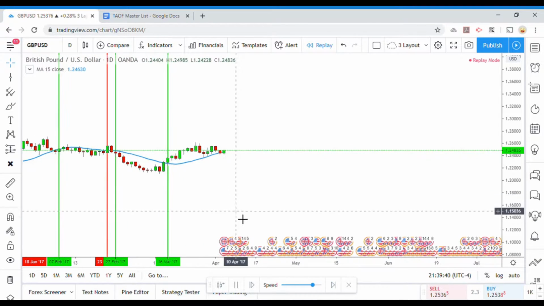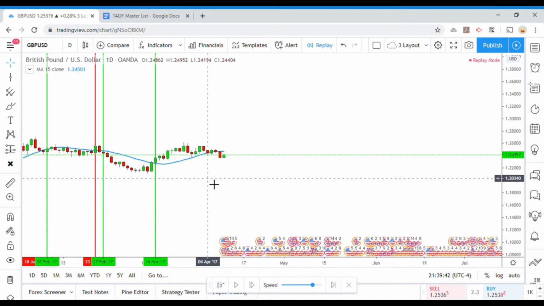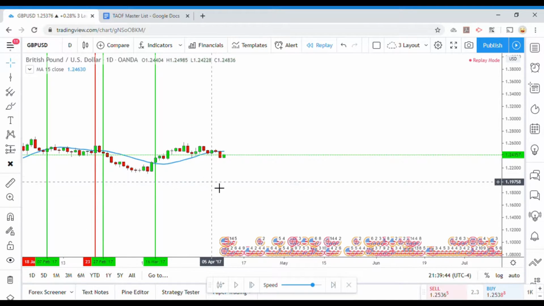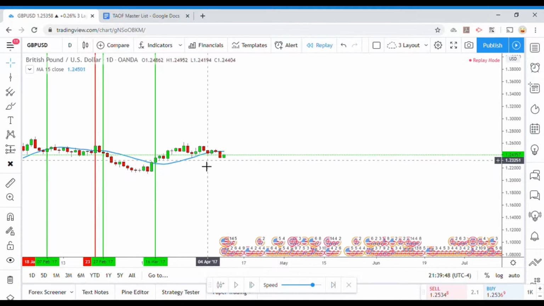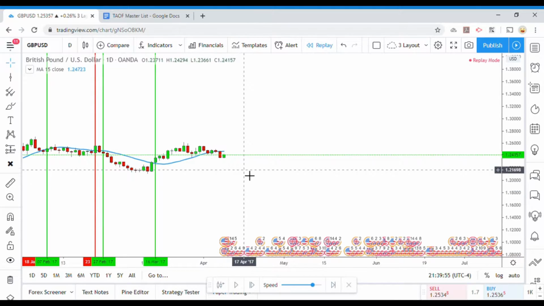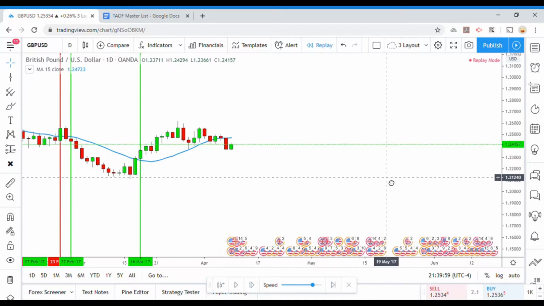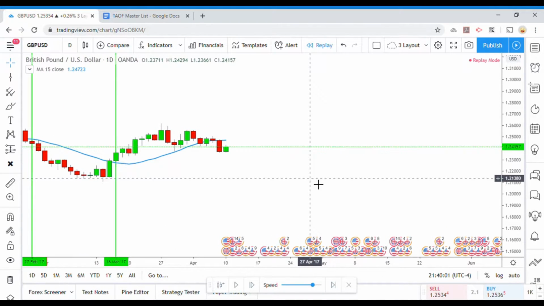But if you can show us a good way of trading the moving average that has a lot of success, then we are more than willing to listen and test and try.